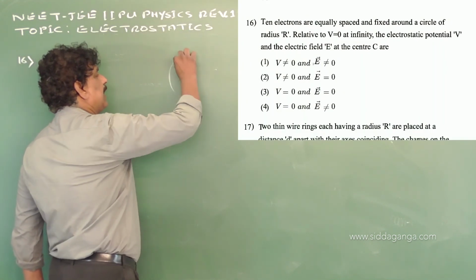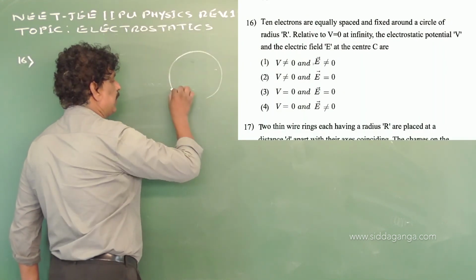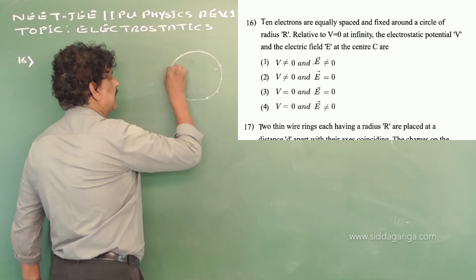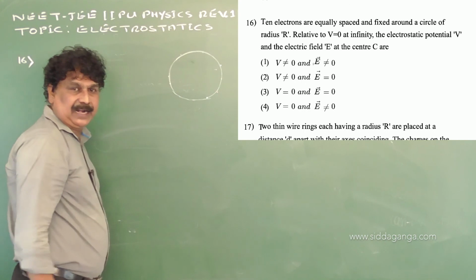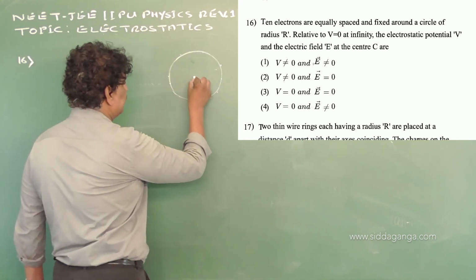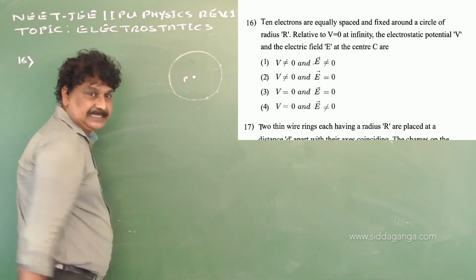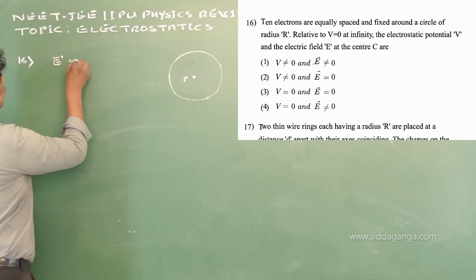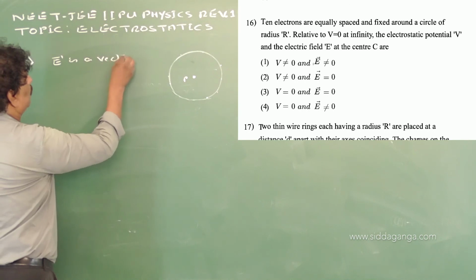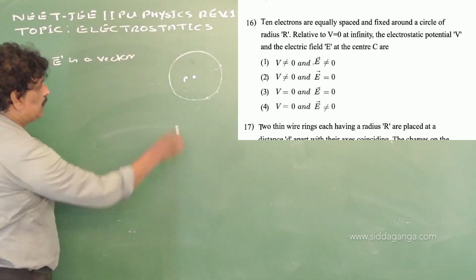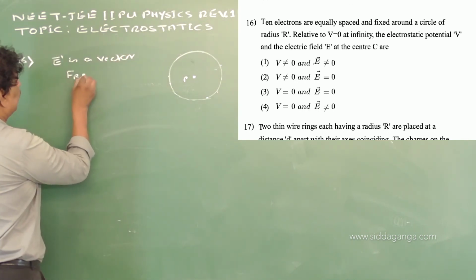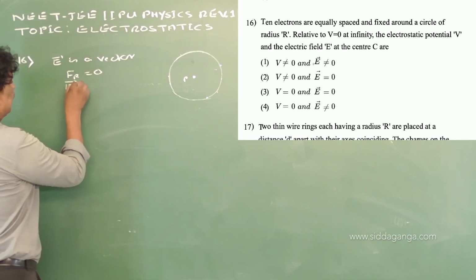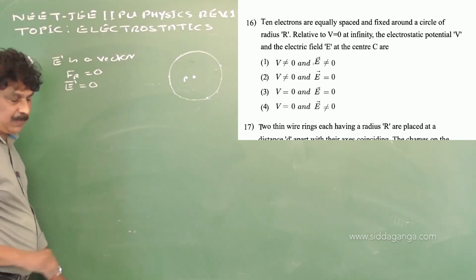Now, 10 electrons are distributed around a circle, and P is at the center. Now the electric field is a vector, so the resultant force acting on a charge at P is 0. Therefore electric field is equal to 0.